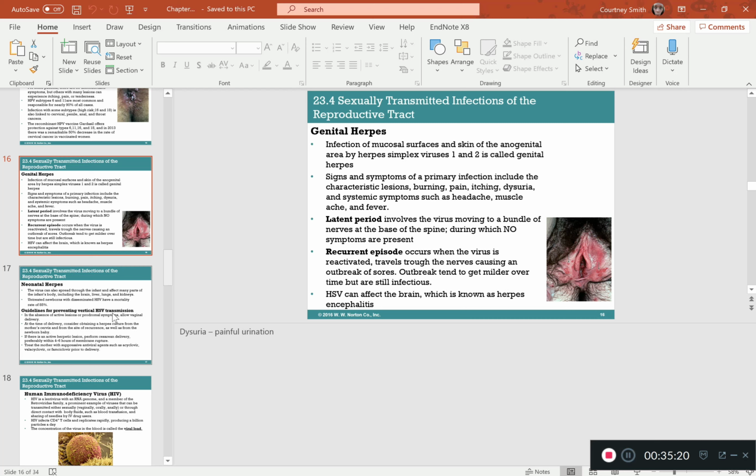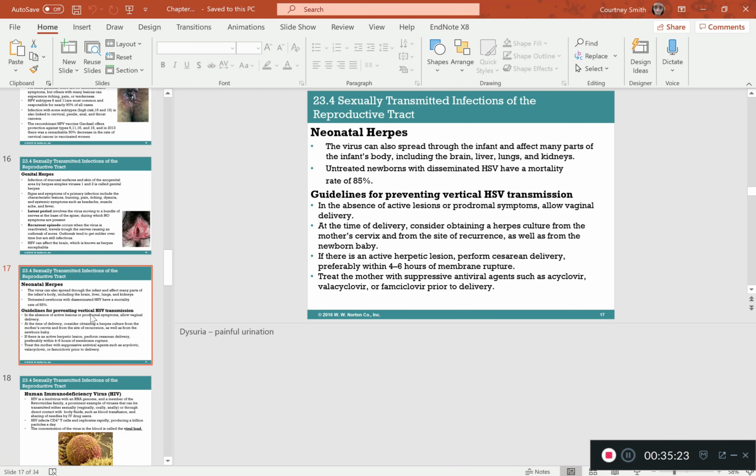So also with genital herpes, real quick, there is something called neonate herpes. So this happens whenever the baby gets infected because of mom. A lot of times, what will happen is that the mother will have genital herpes. So if the mother gets her first outbreak while she's pregnant, then the risk of transmitting it to the fetus is a lot higher as compared to a mother that has been living with genital herpes.